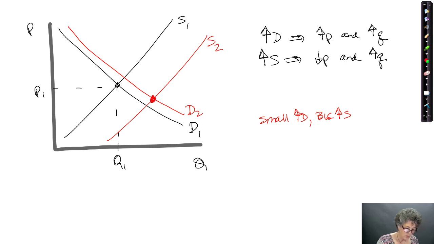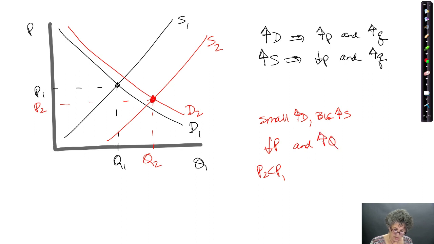I'm going to find the new equilibrium, dash that over, label it price P2, dash it down, label it quantity Q2, and you can see what's happened is that there's been a decrease in price because price P2 is less than price P1, and again an increase in quantity because quantity Q2 is greater than quantity Q1 as a result of the shift.